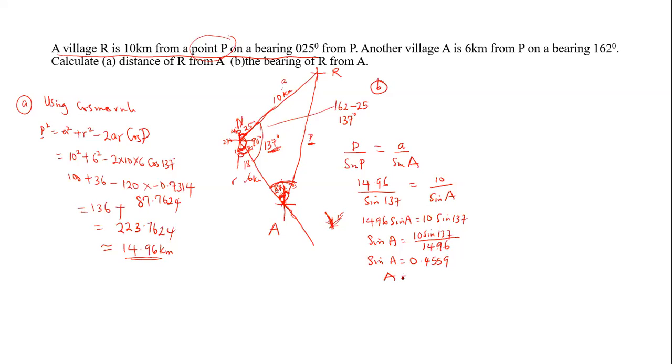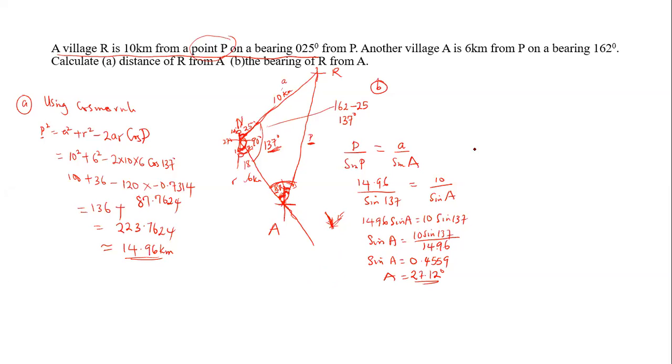So if you do the arc sine of the answer, arc sine of 0.4559, that will be 27.122. So A equals 27.12 degrees. You can see that it's more than 18. So the remaining one there is the angle that we are looking for.